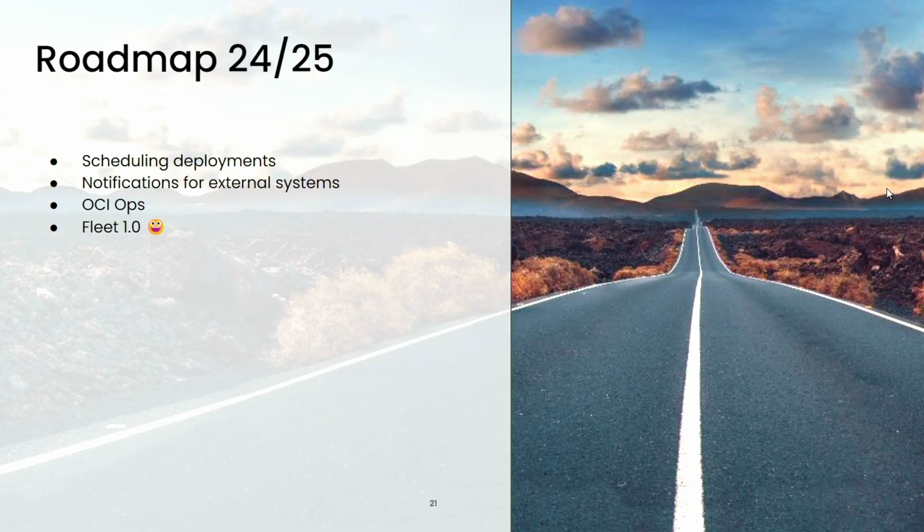That is nearly it. We are nearly at the end. A little bit about the roadmap for the next years. We want to look into scheduling deployments, so you can give a maintenance window for Fleet to do the reconciliation, or if you need to go live at a certain hour. We want to integrate better with external systems, like notify them of things that Fleet is doing.